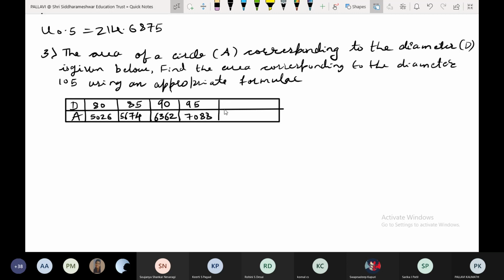Okay, and at 100 it is 7854. Okay, so this is the data given actually. Area of the circle corresponding to the diameter D.